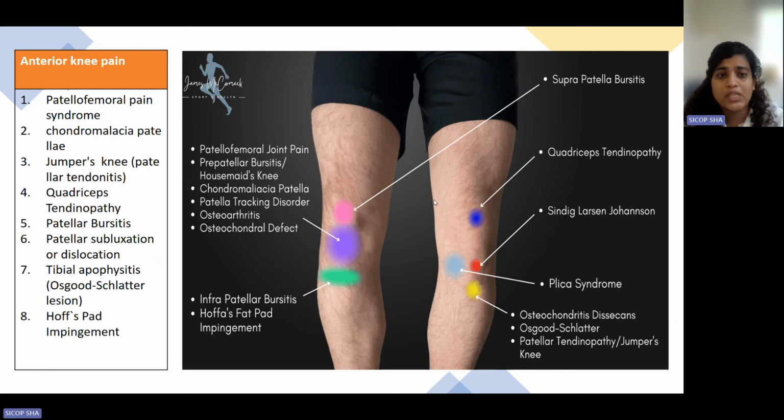These conditions can be seen on the anterior aspect of the knee. They can also be seen on the medial aspect, and since the knee is a dynamic structure, some conditions overlap. But basically, you can see all these conditions on the anterior aspect of the knee.